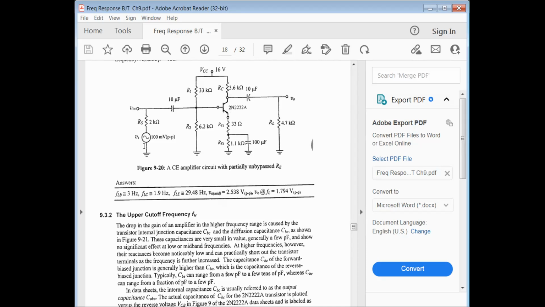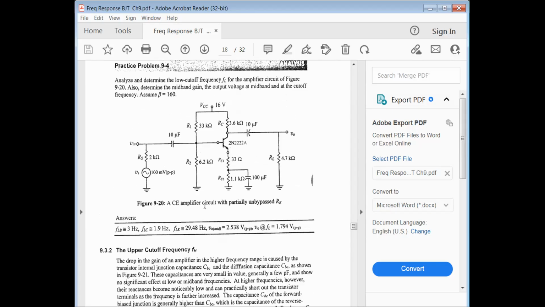So we talk about calculating what the gain is. In this case, we actually give you an input signal value of 100 millivolts peak to peak. What does this ask for? Determine the mid-band gain of this circuit, and then ask for the output voltage. Well, the gain is V out over Vin.